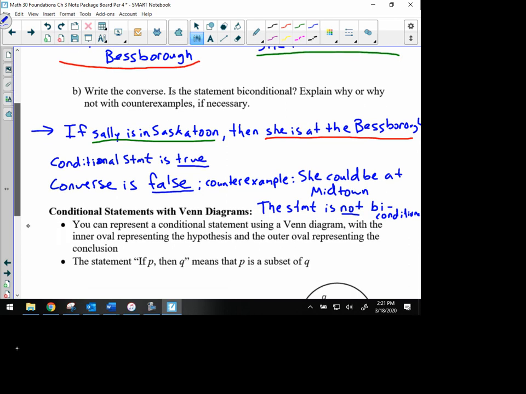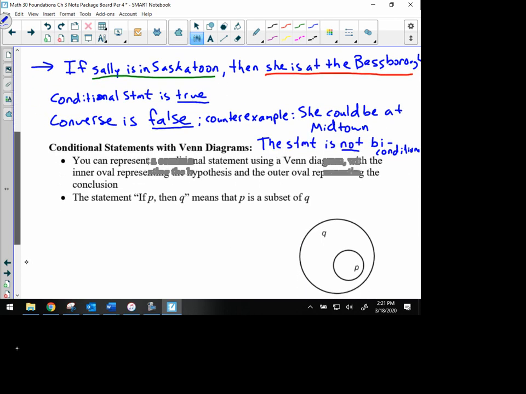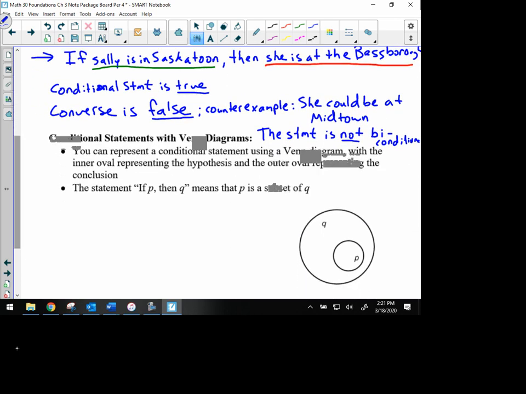The last thing to finish up here in 3.5 is just bringing it back to Venn diagrams, or seeing how Venn diagrams can work themselves in here. You might say that if you have a true statement, that P, your hypothesis, is inside, a subset of Q. For instance, if we're talking about the Bez in Saskatoon, right?